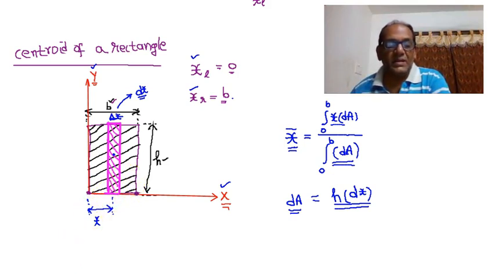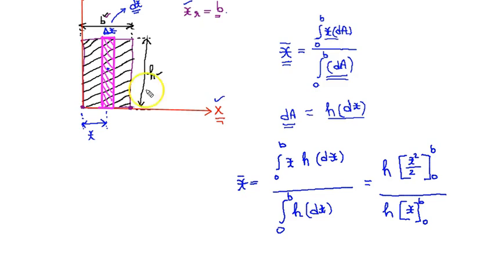With this understanding, we will write the integral for finding x bar. Having said that this dA is really h times dx, we substitute h times dx in place of dA, that is, integral x times dA divided by integral dA. h being a constant, we take it out, and integral of x is x squared over 2.